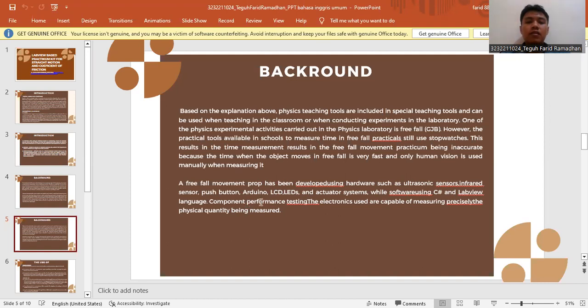In component performance testing, the electronics used are capable of measuring the physical quantity precisely.